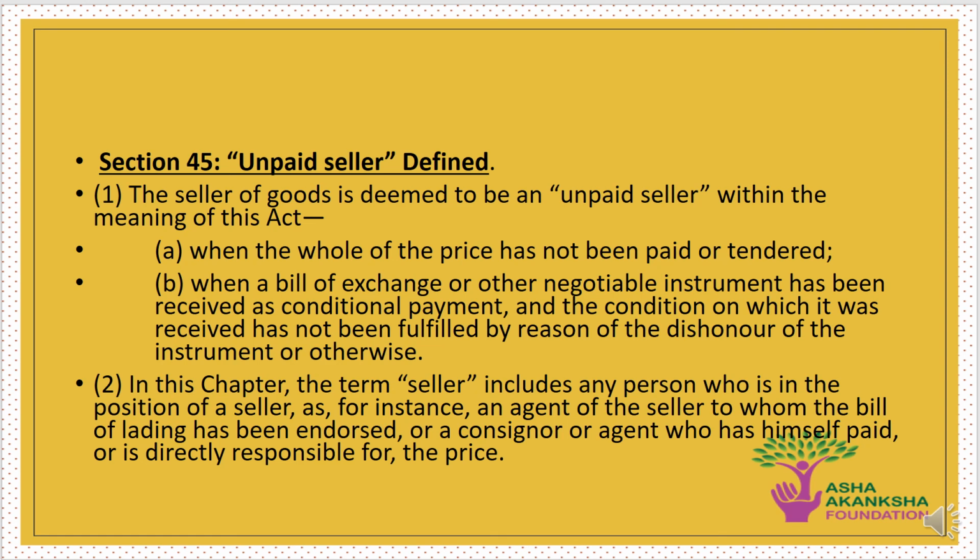B. When a bill of exchange or other negotiable instrument has been received as conditional payment and the condition on which it was received has not been fulfilled by reason of the dishonour of the instrument or otherwise. And clause 2 states that in this chapter the term seller includes any person who is in the position of a seller, as for instance, an agent of the seller to whom the bill of lading has been endorsed, or a consignor or agent who has himself paid or is directly responsible for the price.